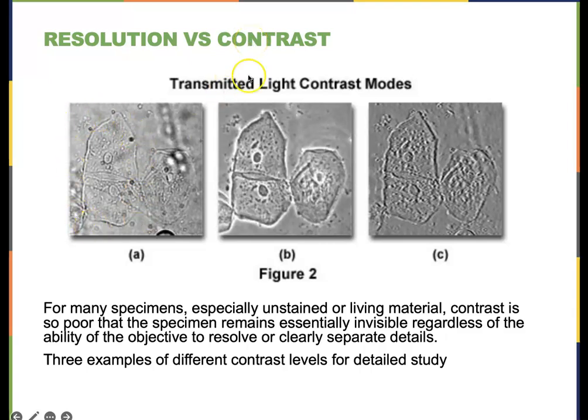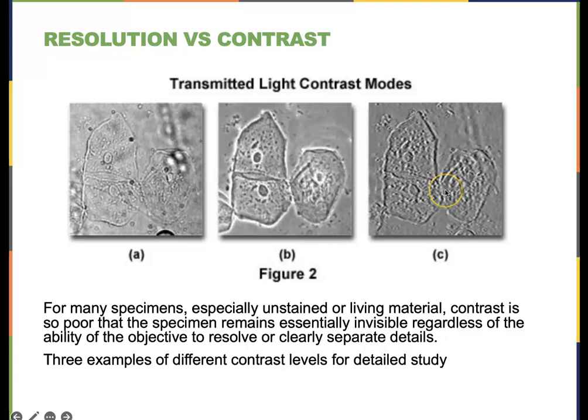Contrast, though, really shoots the light and dark into more depth. You can see in these three pictures, contrast A has very little contrast. You cannot really see any detail or the background from the cell. Figure B has a more pronounced contrast where you can see a halo around the nuclei. We can definitely tell background from the cell.